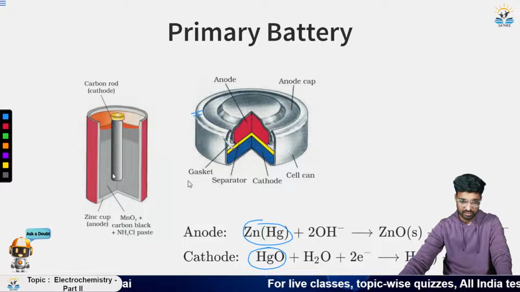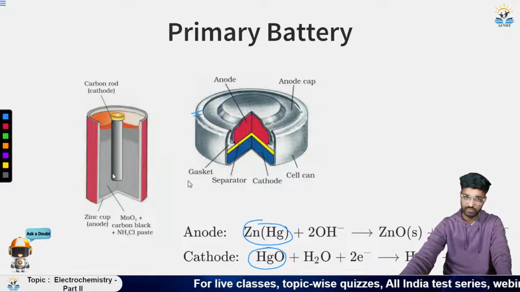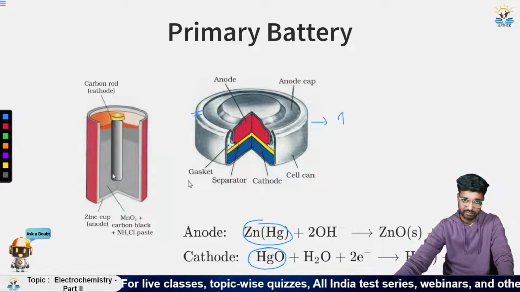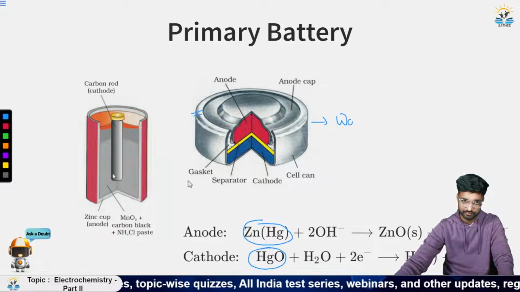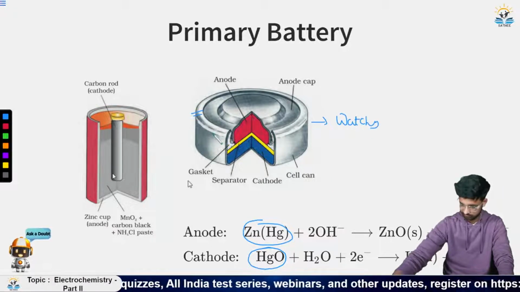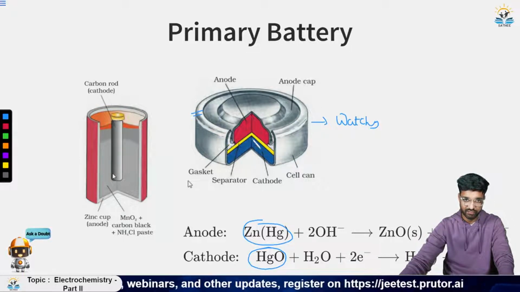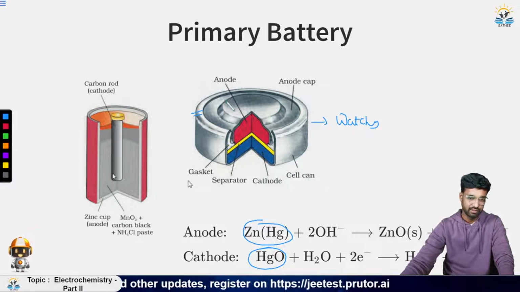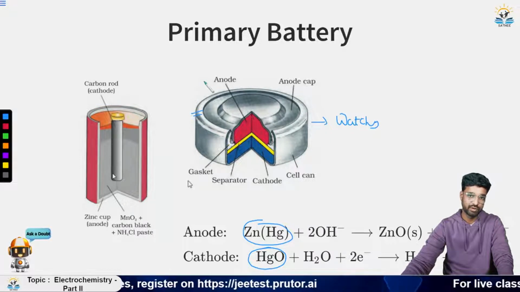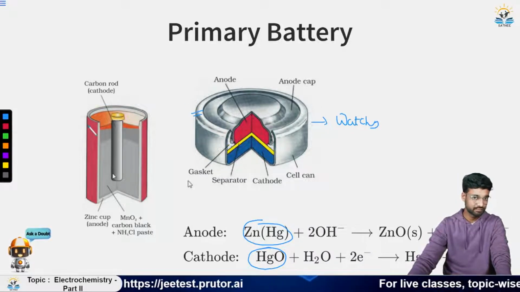This is the working of the mercury cell used in watch batteries. This is the anode part, this is the cathode part, and we have the separator which separates both of them, and this is just a cascade to protect this overlayering.